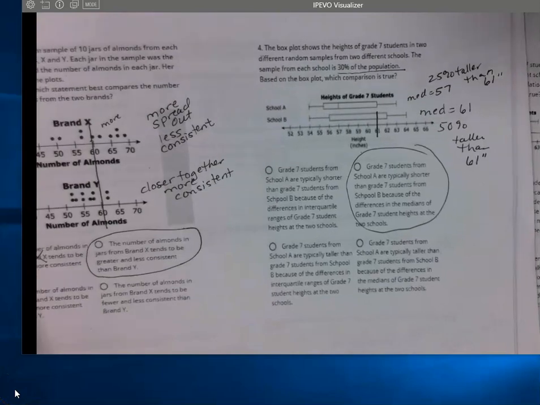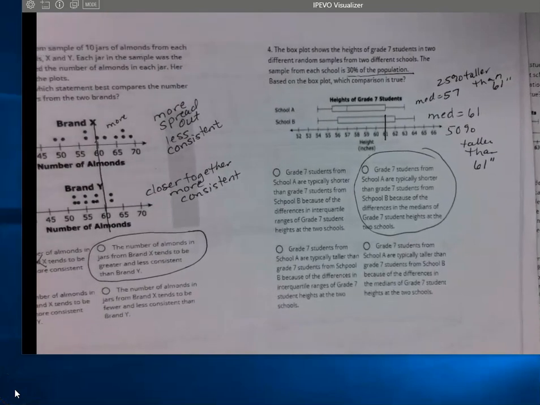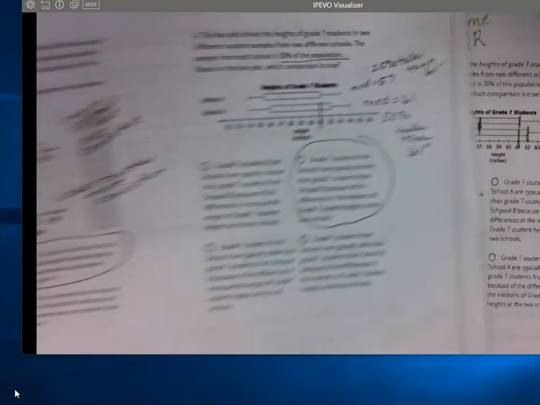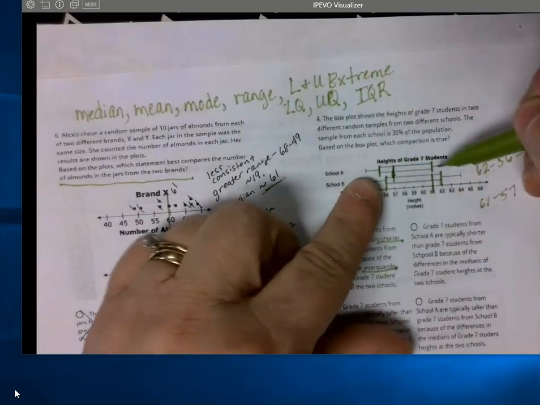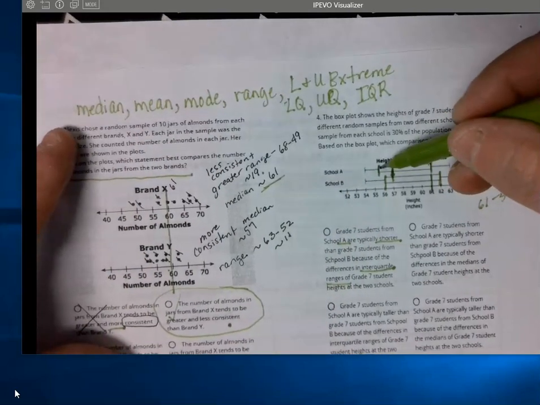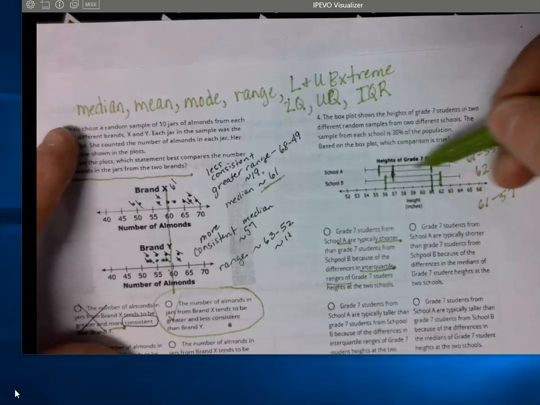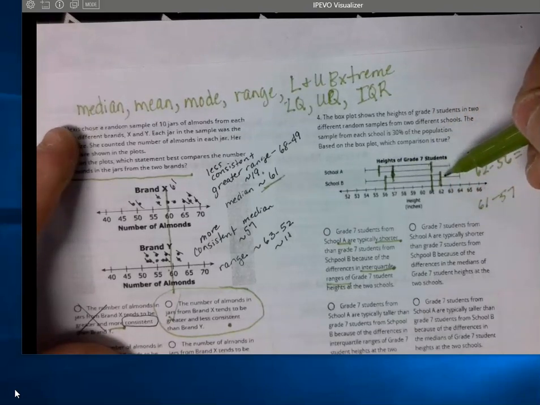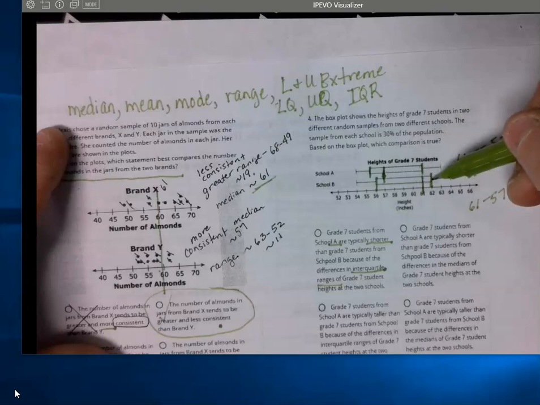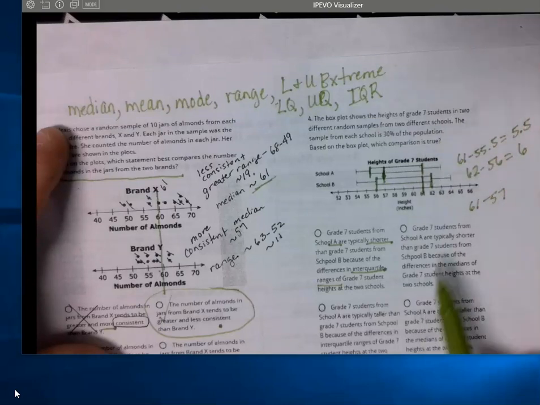I think a big thing to look at here on number 4 is the size of these. Just looking at them, the interquartile ranges look pretty similar in size. Although they are a little bit off, they look very close. So we need to go a little bit deeper.